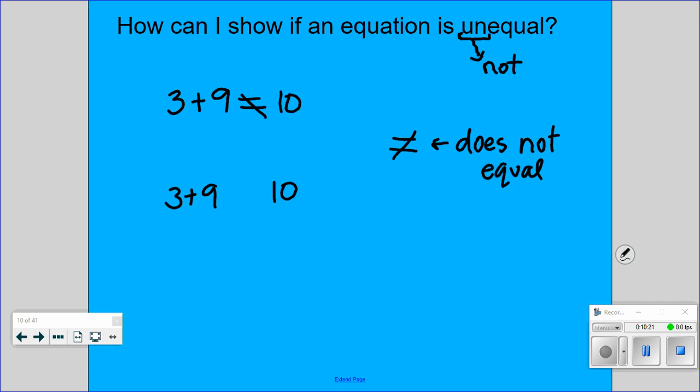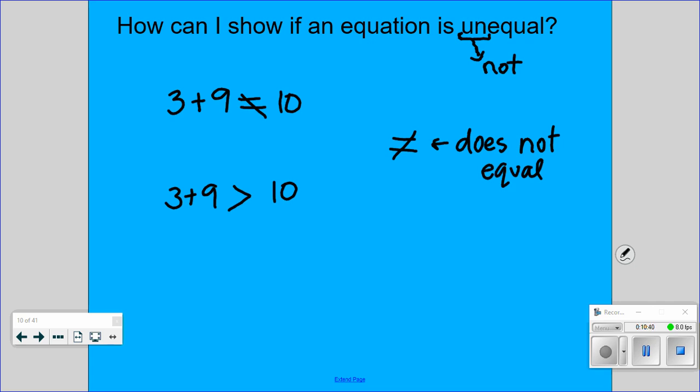Yeah, sometimes we call it fun names, but we have the greater than symbol. For those of you who remember that alligator mouth, the wide part of it is going to be pointing towards the larger value. So 3 plus 9 being worth 12 is larger than 10. I have the greater than symbol.